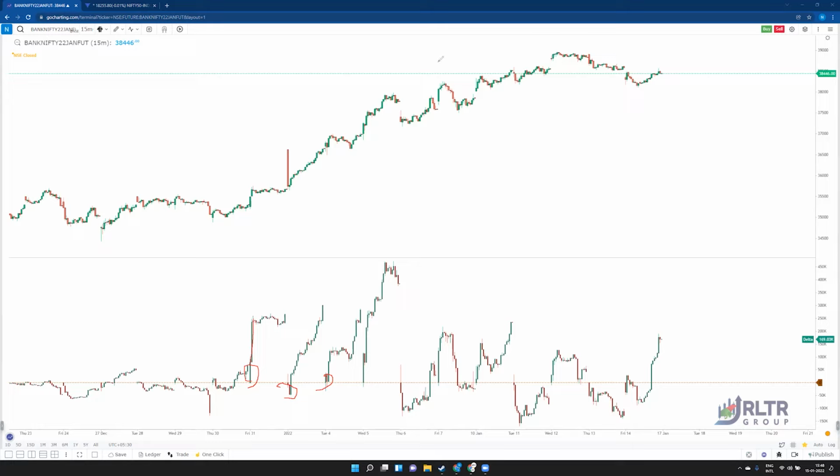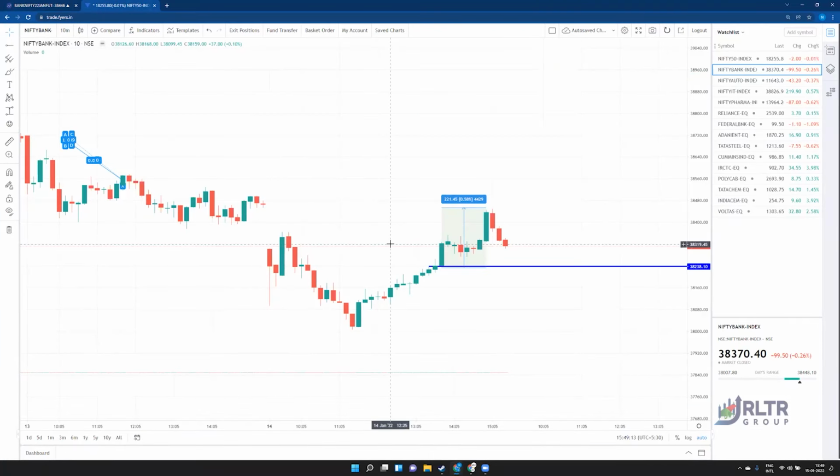Now, in the order flow, if you would see, this particular candle is one of the highest volume candles that was available. So this was made on the 31st, Friday. If you would have bought something over here, then you could have understood that this 2000 points was absolutely available for you.